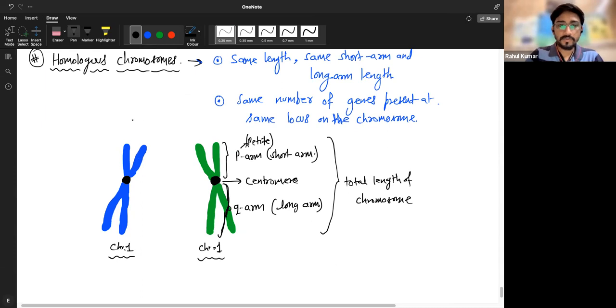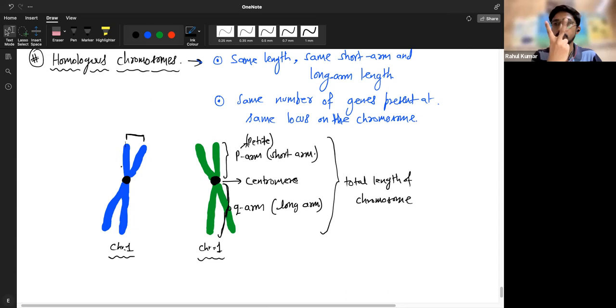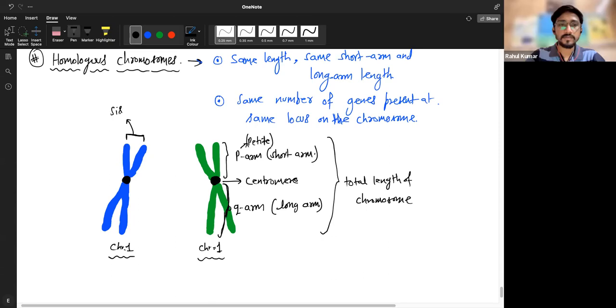Now remember, if there are two chromatids on the same chromosome, they are exact copies of each other because they just got replicated from the same chromatid. So they are basically photocopies, exact, right? So they are known as sister chromatids.